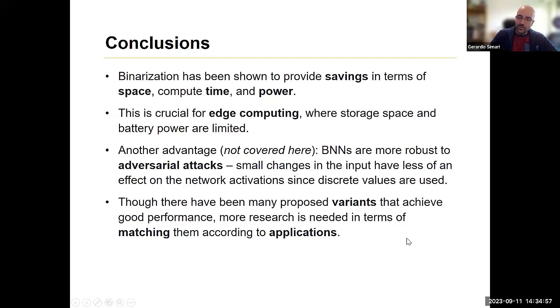All right. So to conclude, we first focused on binarization, seeing how quantization in general, but binarization in particular, has been shown to provide very, very important savings in terms of space, compute time, and power.